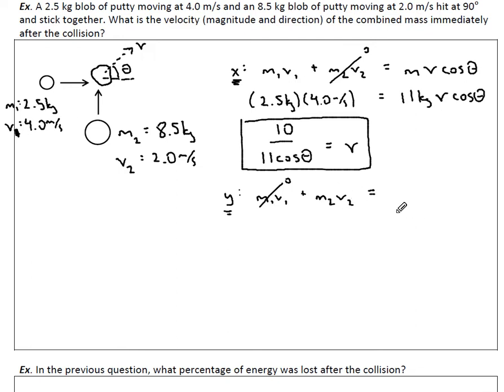And after they combine, we get the total mass times the velocity times sine theta for that y component. So we end up with 8.5 kilograms times that velocity of 2.0 meters per second, and that is equal to that combined 11 kilograms v sine theta.